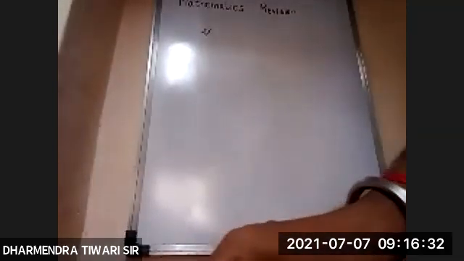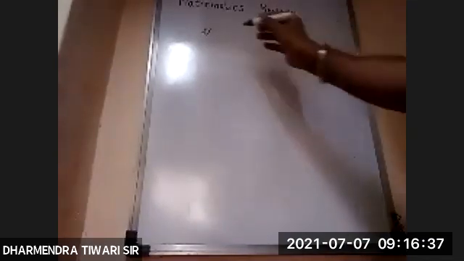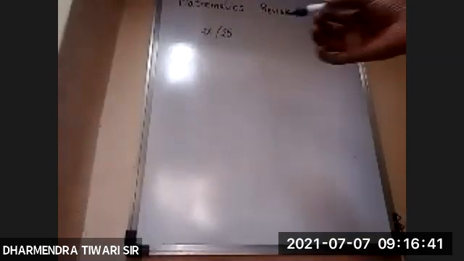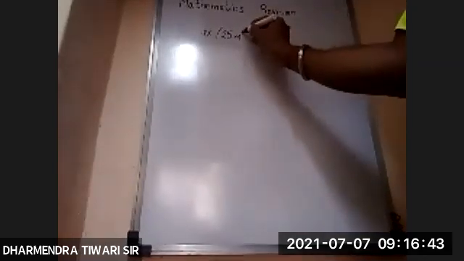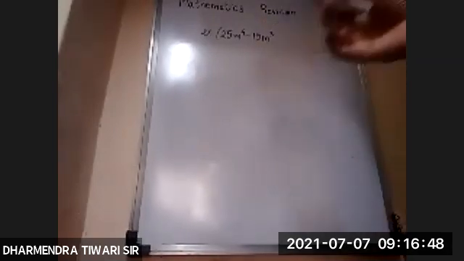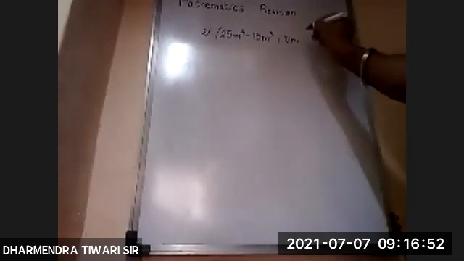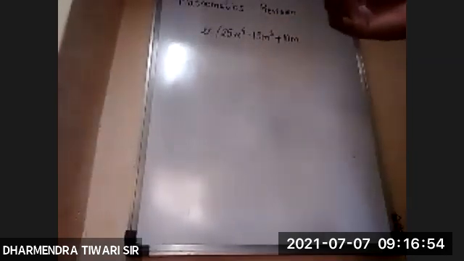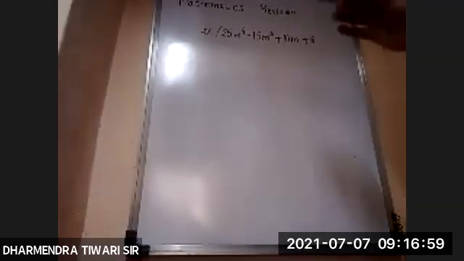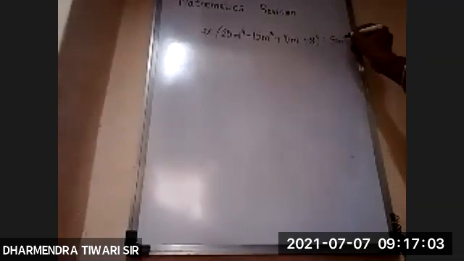Next example, say we are having 25m raised to 4 minus 15m cube plus 10m plus 8 divided by 5m cube.